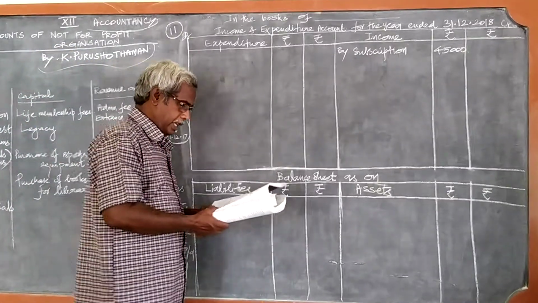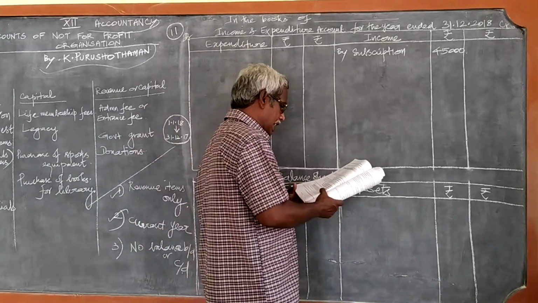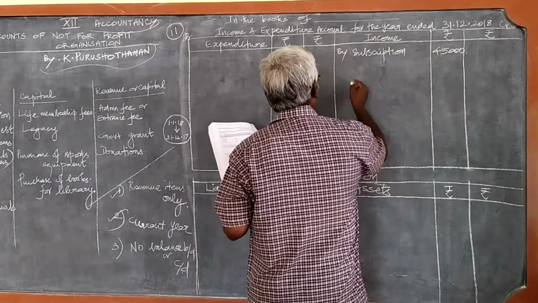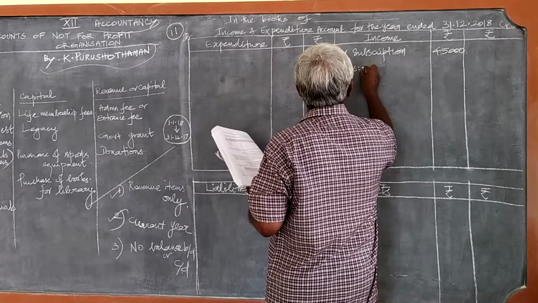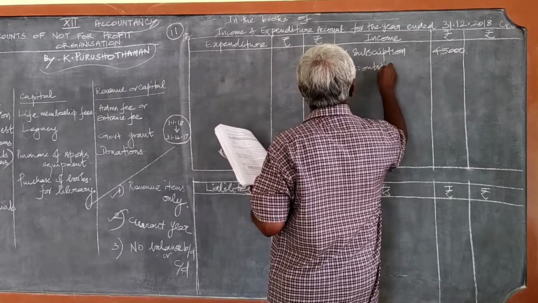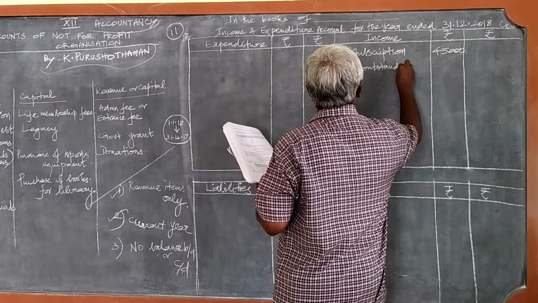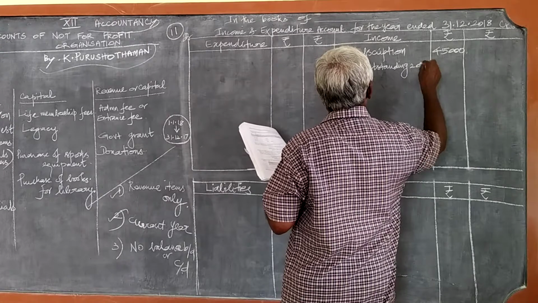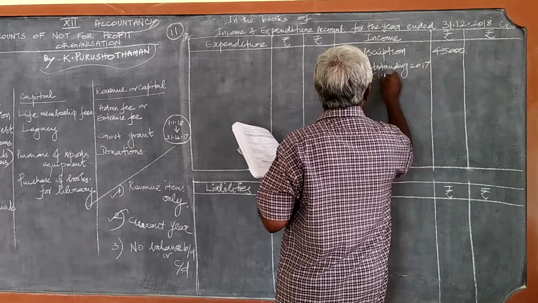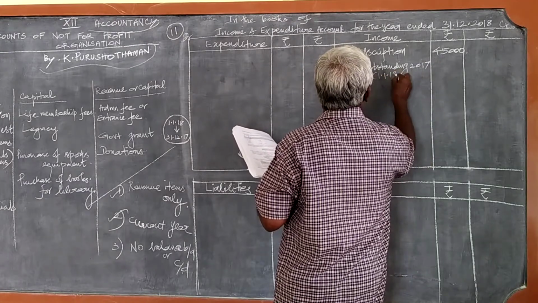So in that case, this is outstanding on 1/1/2018. So this is for the previous year. Less outstanding 2017, that is 1/1/18.